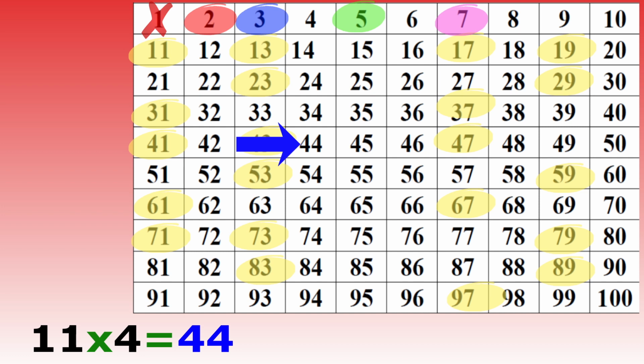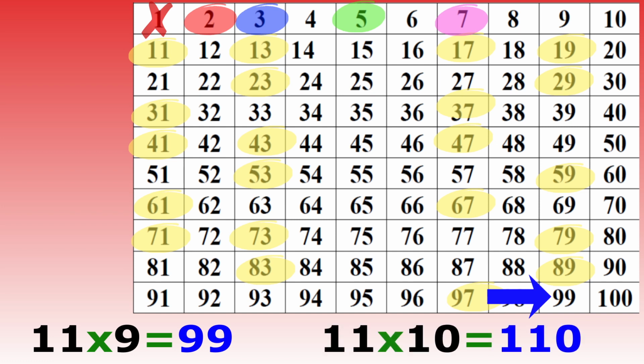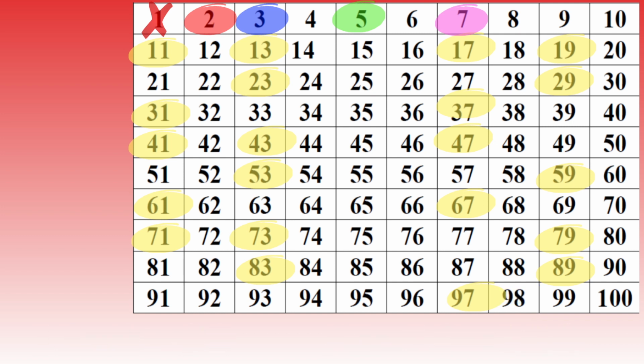If you experiment, you'll see that all multiples of 11 up to 11 times 9 are already covered by the smaller primes, and 11 times 10 is already larger than 100, so you don't need to consider that multiple. All you needed to do was multiply 11 by the first row of numbers, the numbers 1 to 9, and you have covered enough multiples of 11 to cover all the multiples between 1 and 100 and not greater.